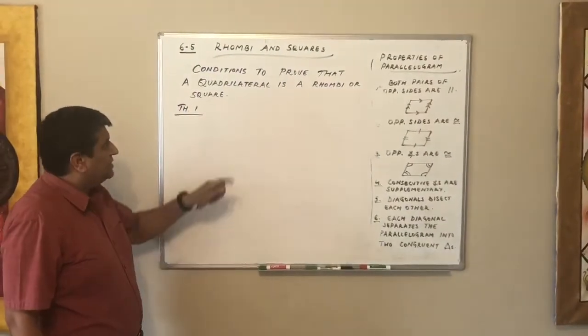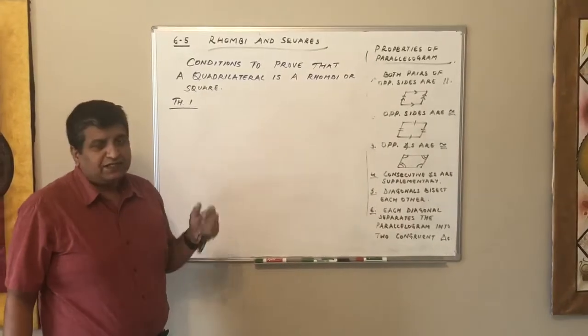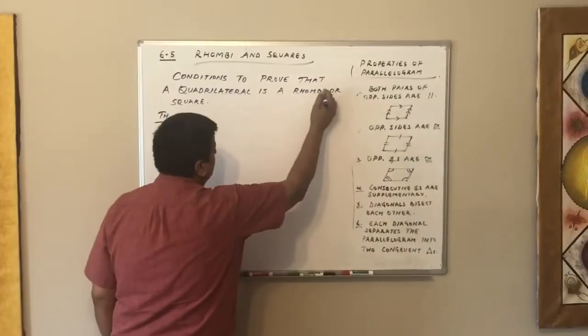So here are some conditions to prove that a quadrilateral is a rhombus or a square.